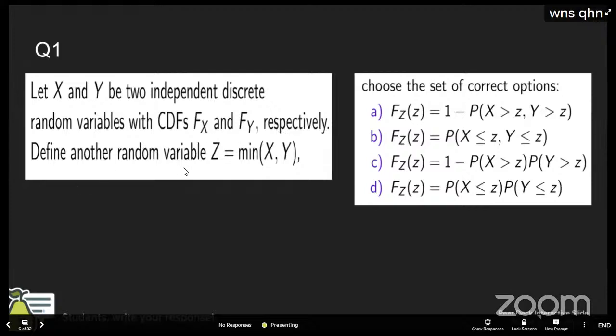Define another random variable z as the minimum of x comma y. What will be the correct options among all these 4? We have already discussed this today, so can you quickly find the answer? This is MSQ, so more than one option might be correct.